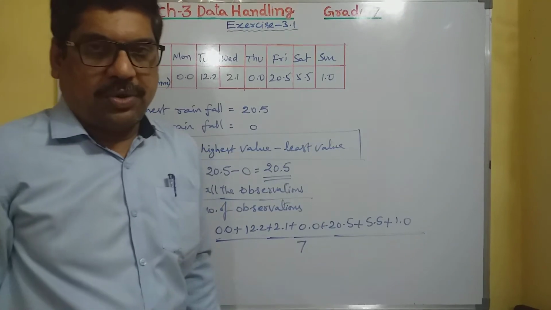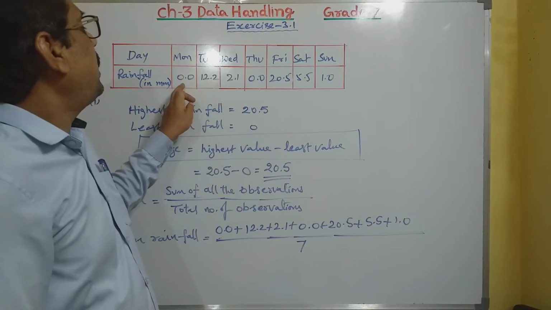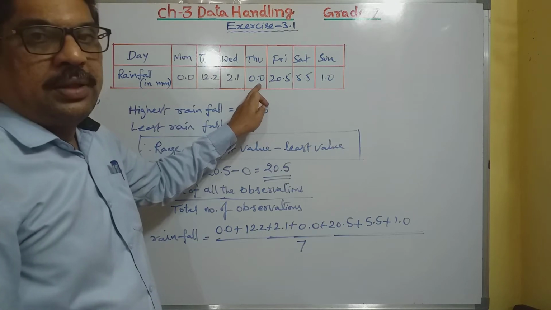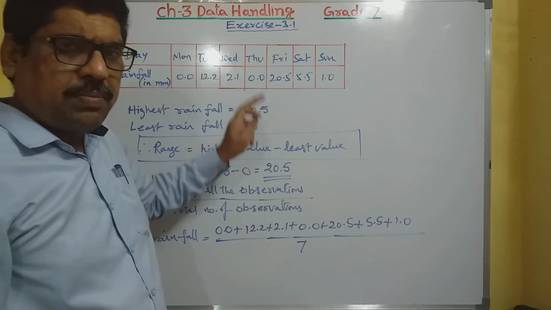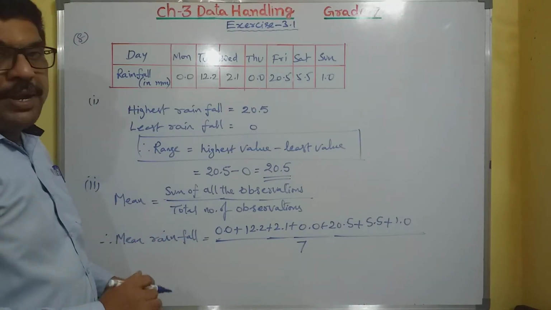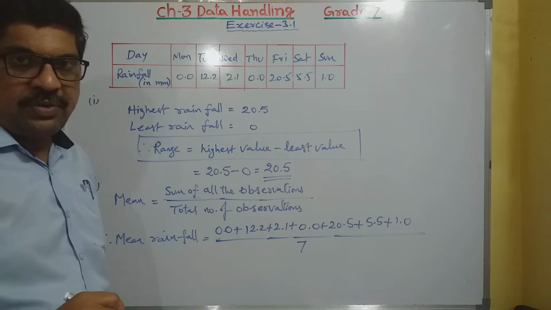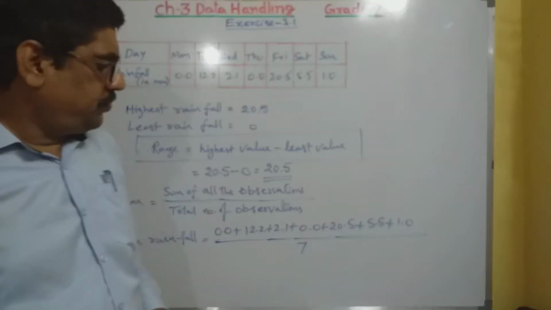You may get a doubt. For 2 days there is no rain. Here the value is 0, the rainfall is 0. But even though, we need to count it. Why? Because we are finding the mean for all the 7 days. Though the value is 0, we need to consider those days also.